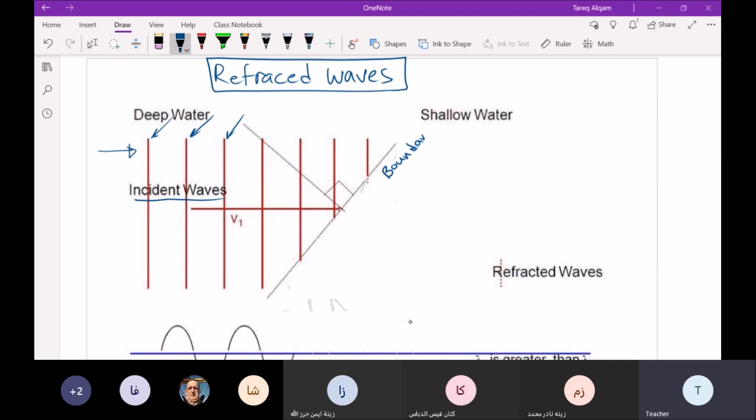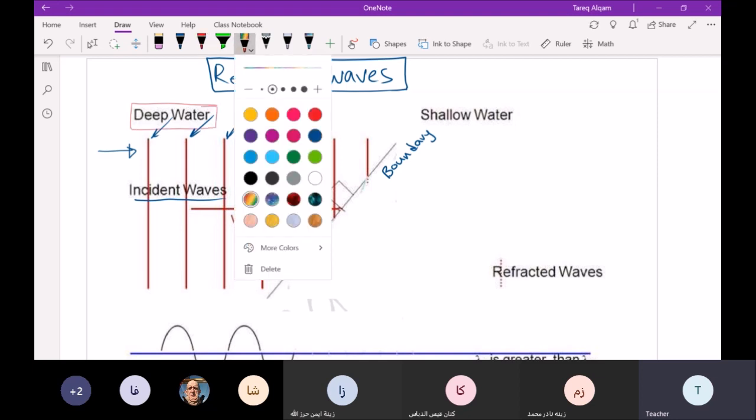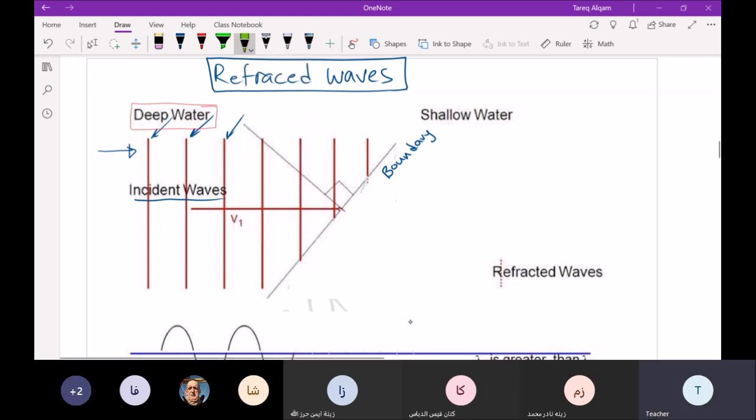This boundary, guys, is between deep water and shallow water, right?